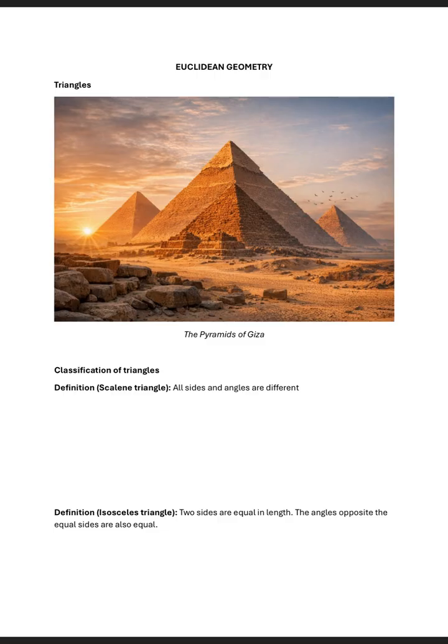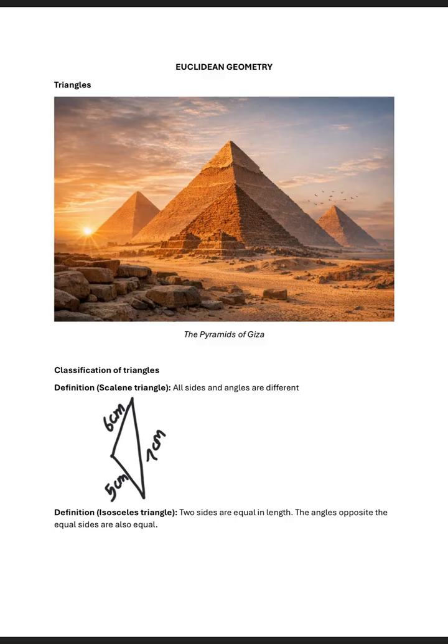For example, we can have a triangle of this form, where we have 7 centimeter this side, and then we have 6 centimeter, for example, and then we have 5 centimeter. So we have 3 different sides, and the angles also have to be different. So in a scalene, the sides and the angles are different.